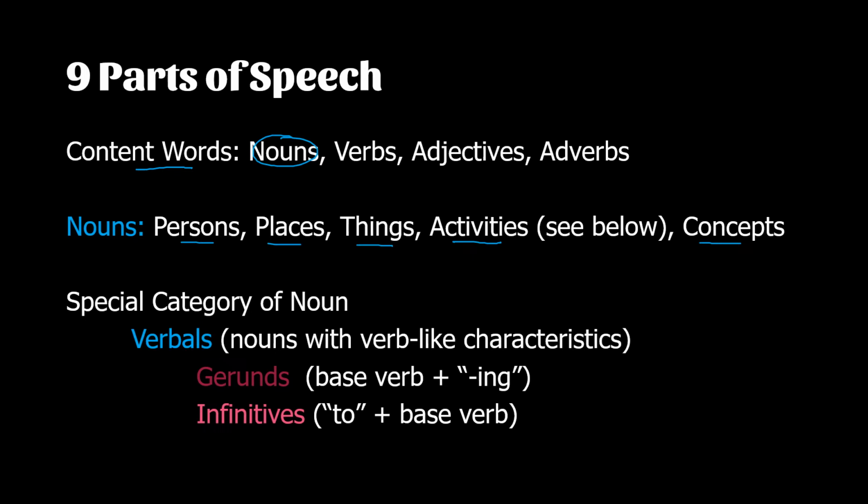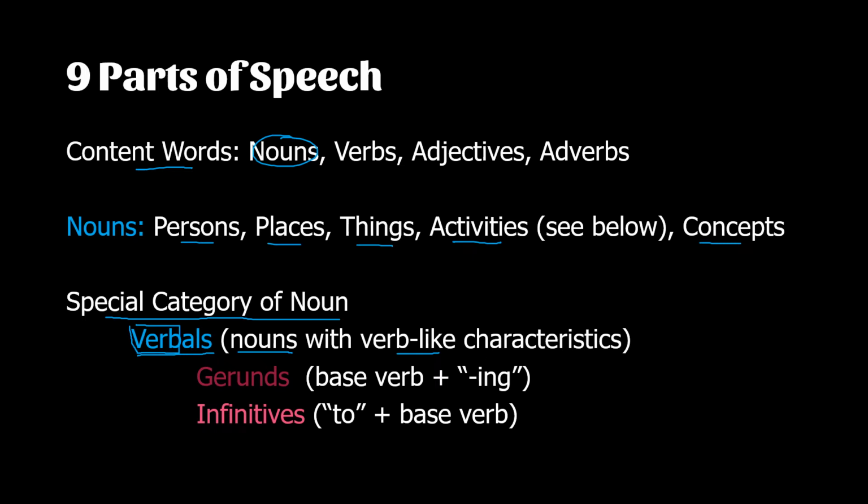Now we're going to look at special categories of nouns. This category are called verbals. Very confusing because you can see the word verb, but they are not verbs. They are nouns with verb-like characteristics.